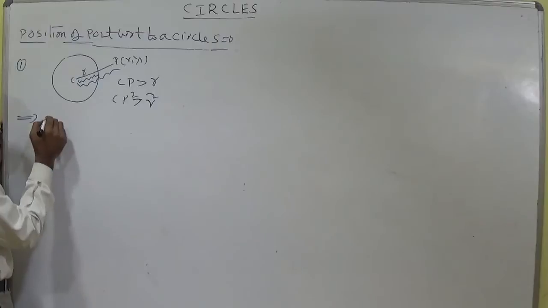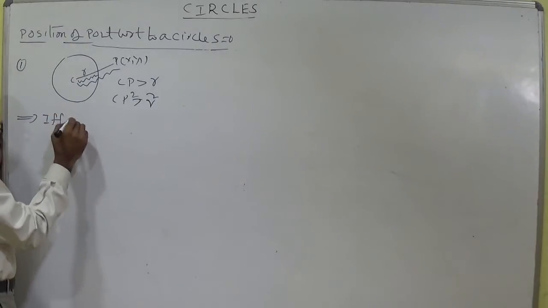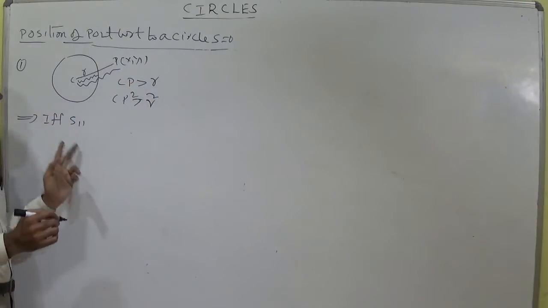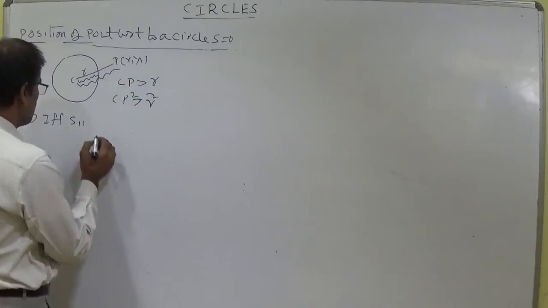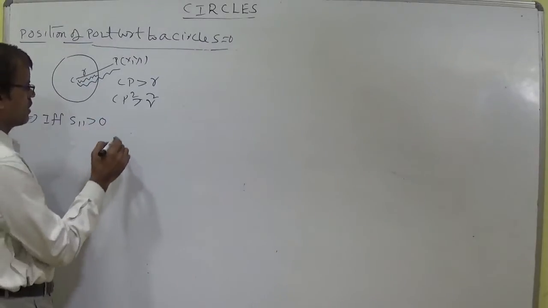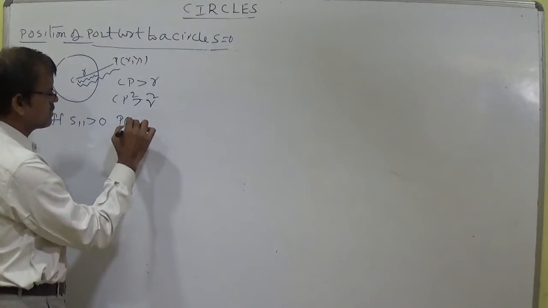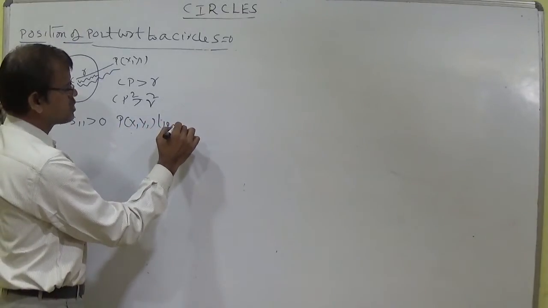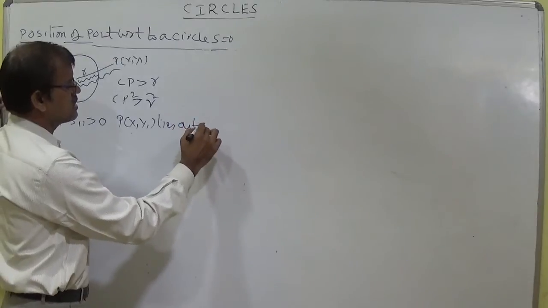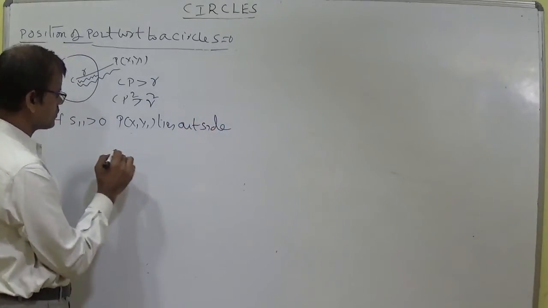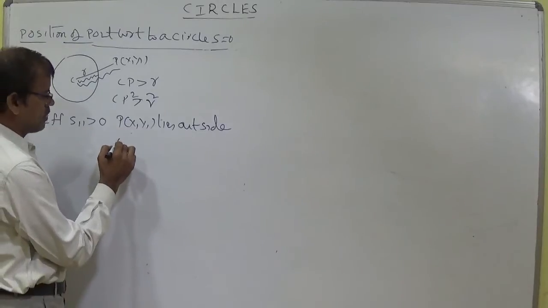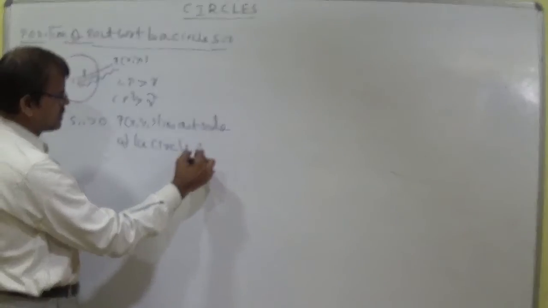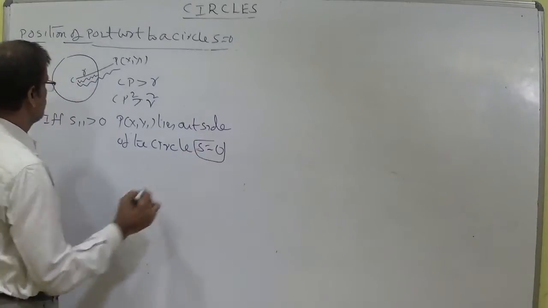That implies S11 greater than 0, and if S11 is greater than 0, the point P(x1, y1) lies outside of the circle, an exterior point of the circle, outside of the circle S equal to 0.